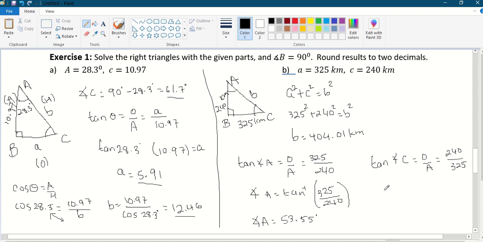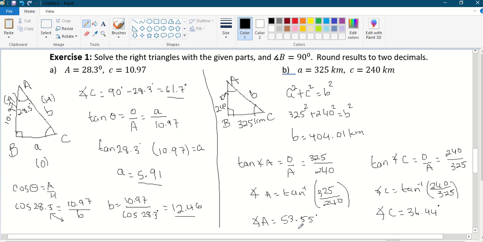So angle C equals tan inverse bracket 240 divided by 325. We will get 36.44 degrees.